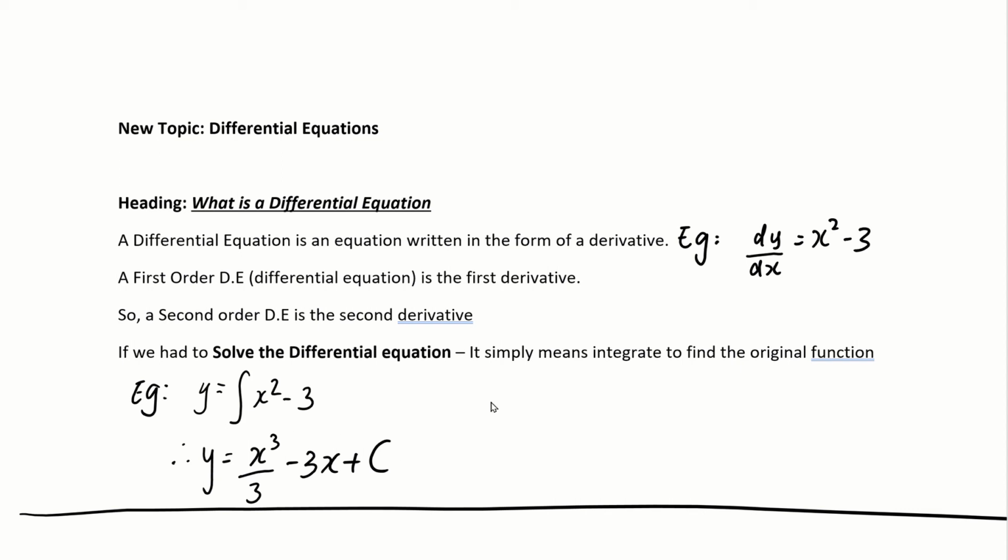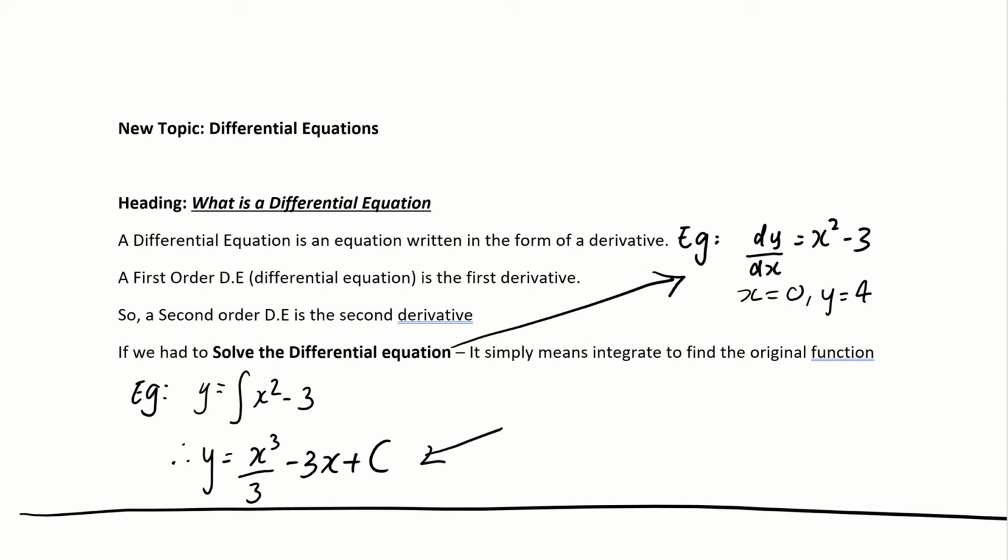When I integrate, hopefully your integration skills are okay, and then always we have that plus c. Now if a question mentions a point, so if it said solve the differential equation and it gave us that original example and it said when x equals 0, y equals 4, then we know that we can find the value of c. You would do that by subbing in x being 0, y being 4, then you'd find the value of c and rewrite it.